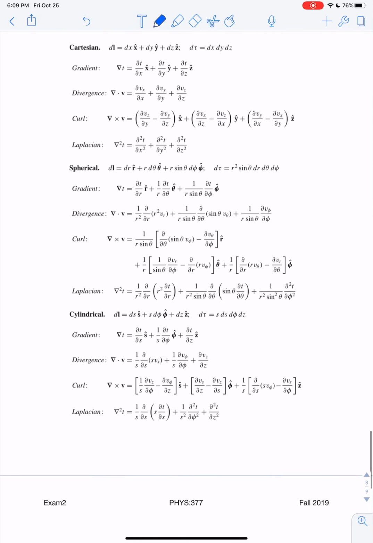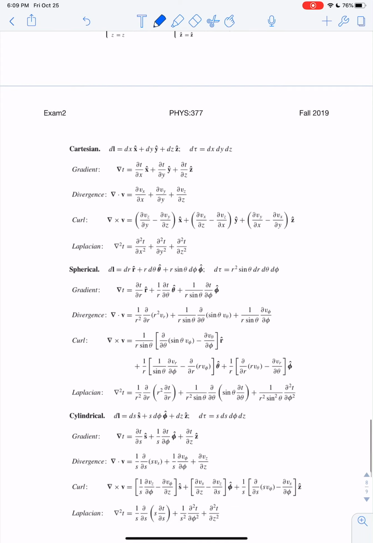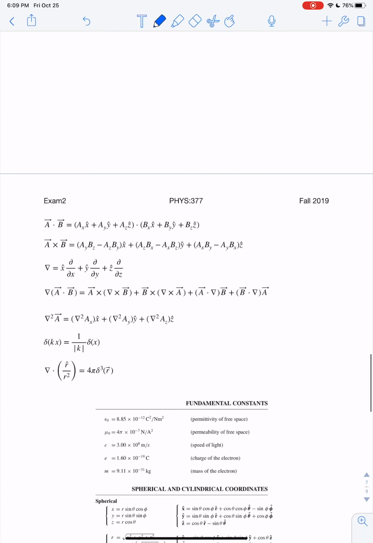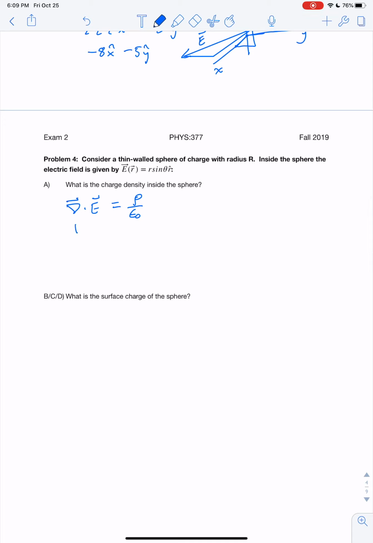And if we go to our handy table in spherical coordinates, then the divergence, del dot V, is 1 over r squared d/dr of (r squared times the r component). And we only have an r component. So we're going to have 1 over r squared, d/dr of r squared times our r hat component, which is r sine theta.